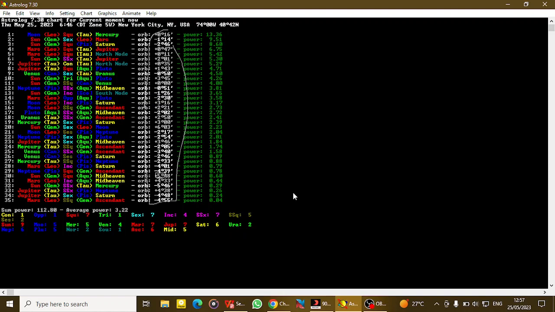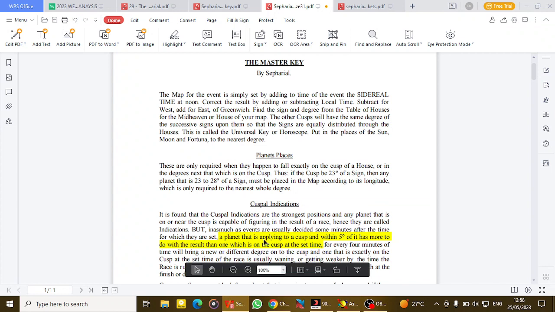Whatever the case, they just have to be 5 degrees max. This is why, in my original Astrolog settings, the orbs are always 5 degrees, because we have been told that it's only when planets are applying within 5 degrees to any critical degree or critical point in the zodiac that planets do influence.